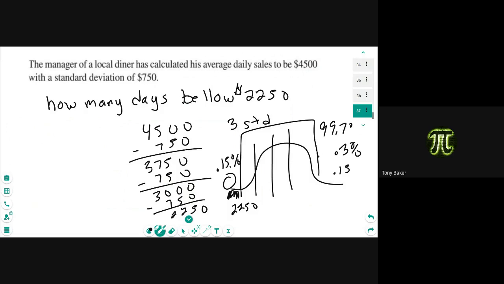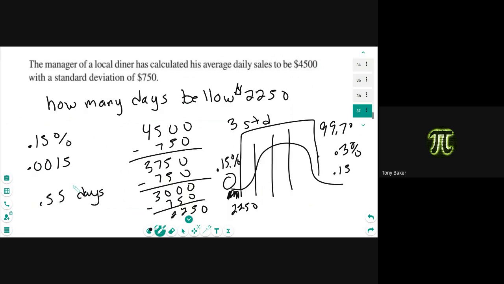It's half a day. Okay, because it's 0.15%, which is 0.0015. So it's literally 0.55 days.